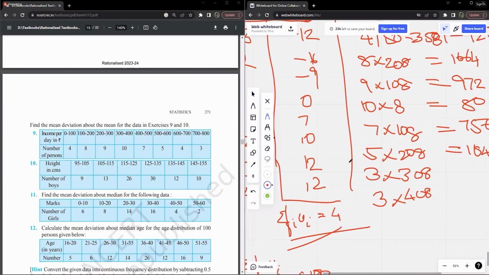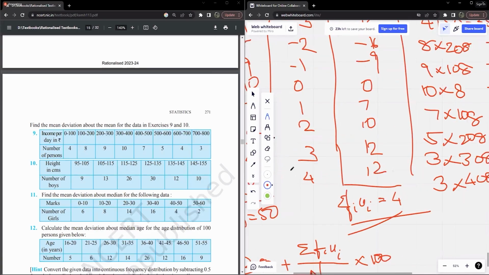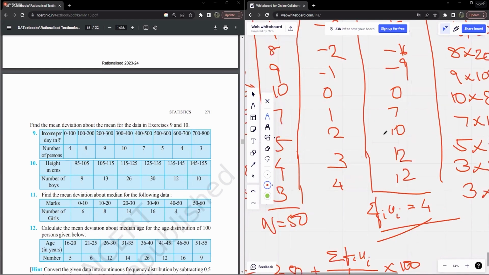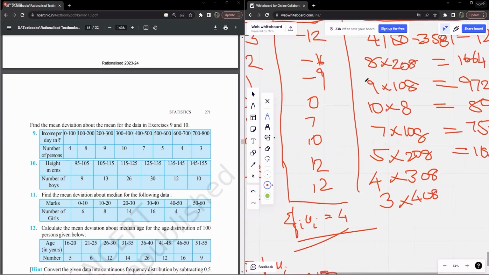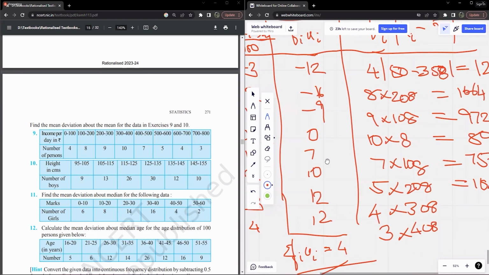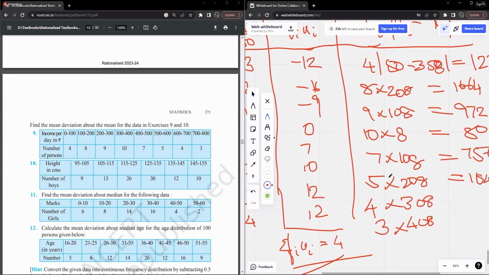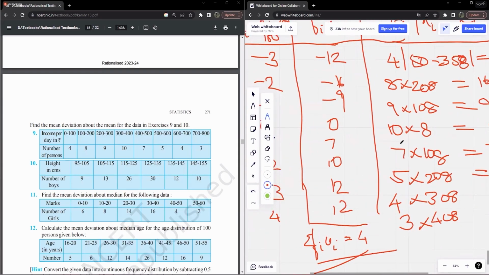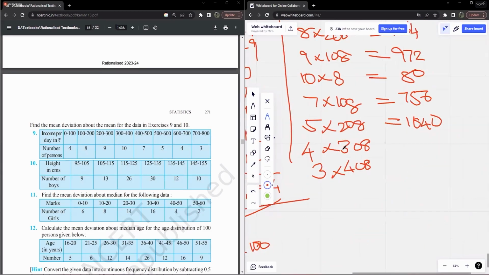Wait a minute, this is 4 into, I'm sorry. This will be 4 into 308. Right? So we'll have this, which is 4 3 is 12, 1232, again 1232, and this will be 1224.